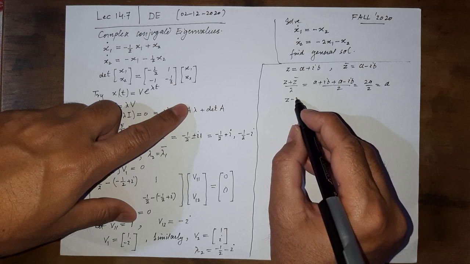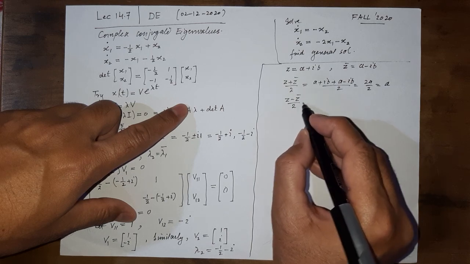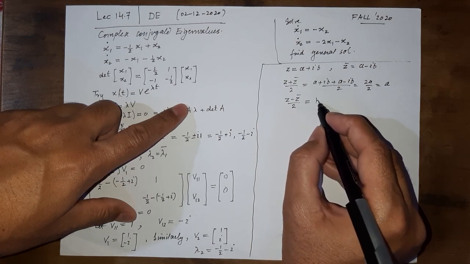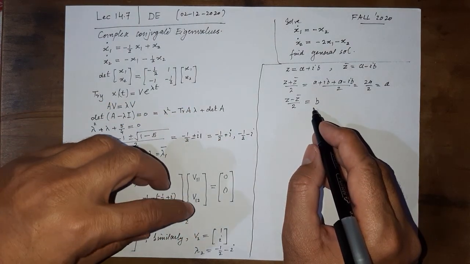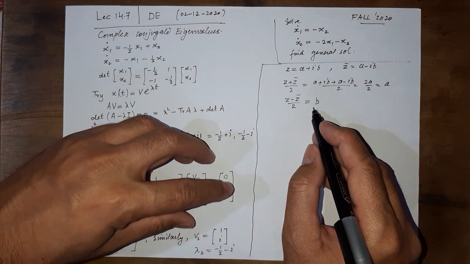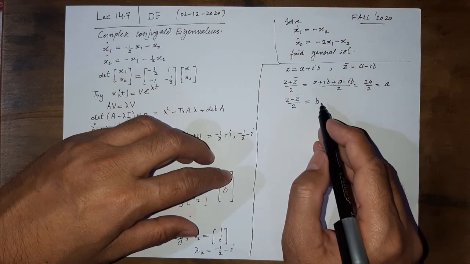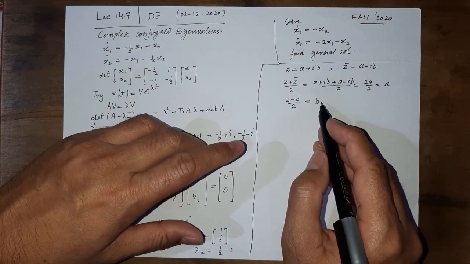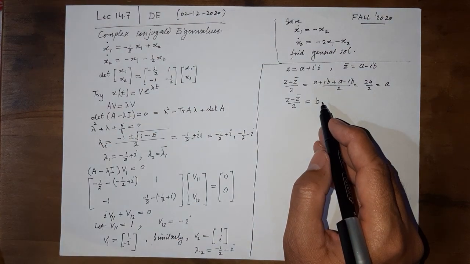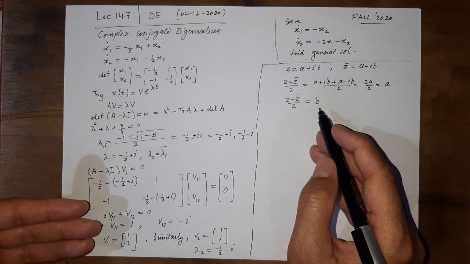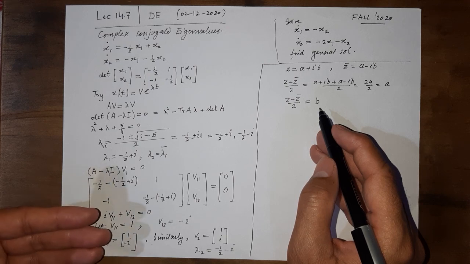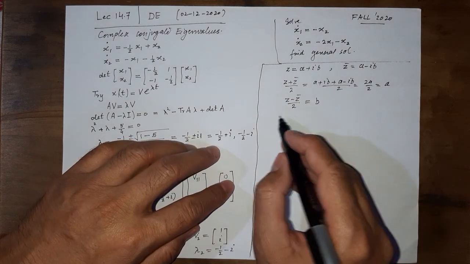And when we subtract this and divide by 2, we are going to get the imaginary part. So basically we take the real value of either of the eigenvalue and eigenvector, and the imaginary part as well, to constitute a solution.